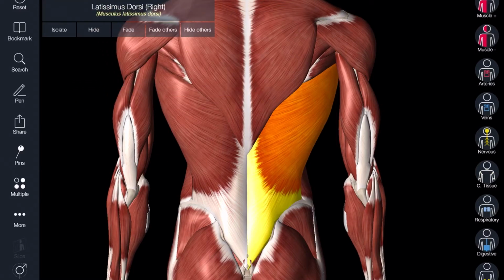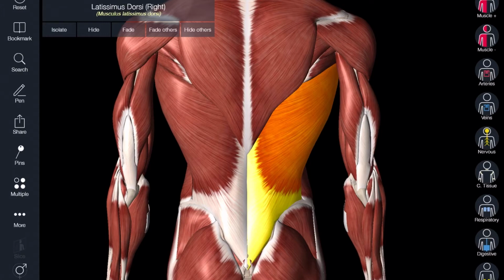It's going to do adduction and pull the arm back down toward the torso. So actions again for Latissimus dorsi: medial rotation, and adduction of the arm at the glenohumeral joint. Adduction is that movement in the frontal plane, bringing the arm down toward the side, so moving the arm toward midline.